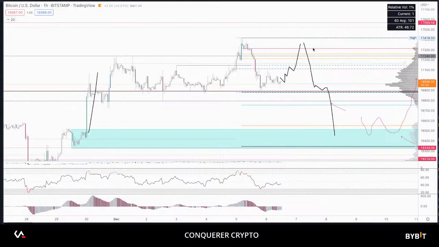And the thing is, I don't know if it's gonna come up here and try to take out the high and then come back there. If it does, I would also take a futures short. But my puts would cover this one also. I just need to decide how degen I want to go.